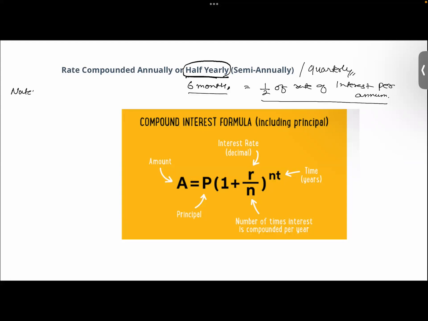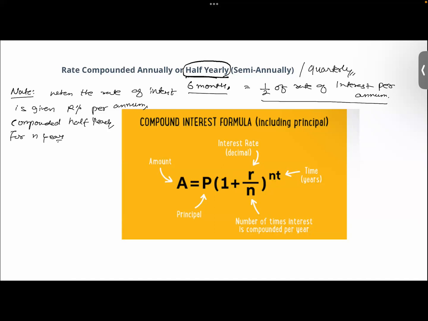Note one thing here, that when the rate of interest is given as R% per annum, and if we were to compound it half yearly for n years, we don't know for how many years it is going to be compounded, then the rate of interest will be R% upon 2 for each period.